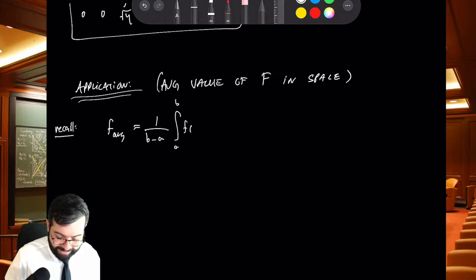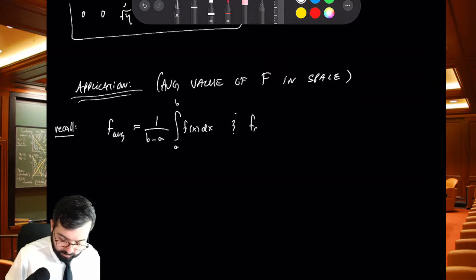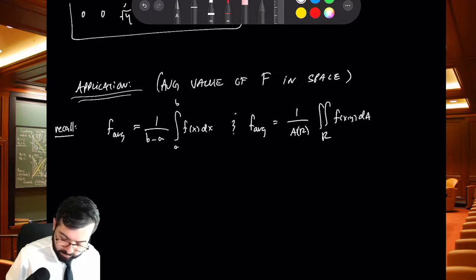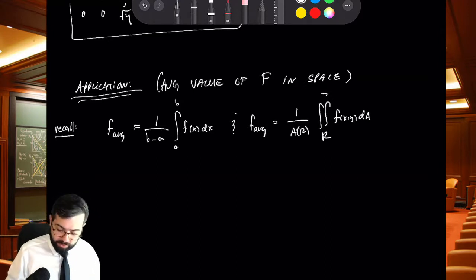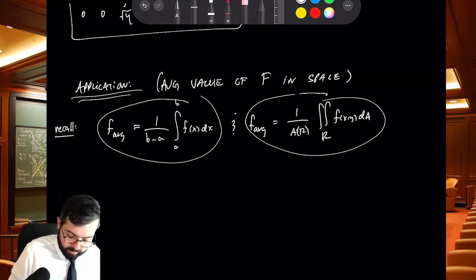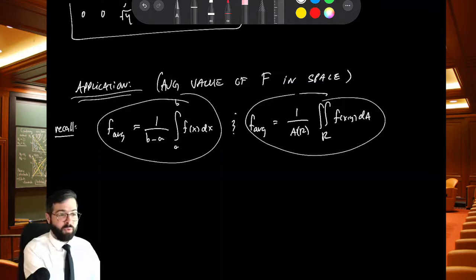And for a double integral, we said we divide by the area of R to get that weighted average. So divide by the length in 1D, right? Divide by the area in 2D.